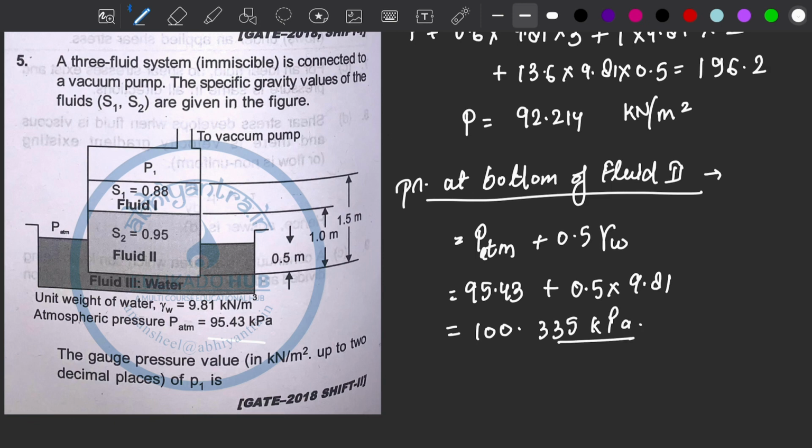Right, now we know the pressure at the bottom.